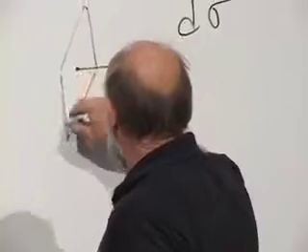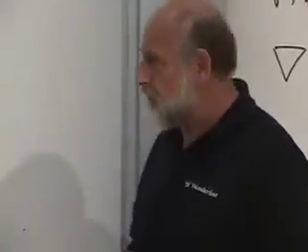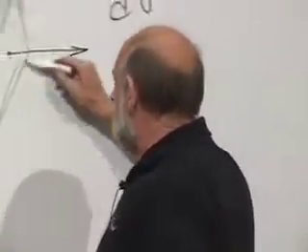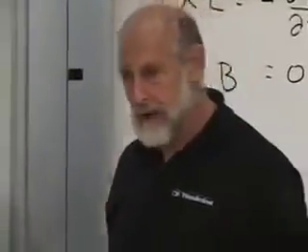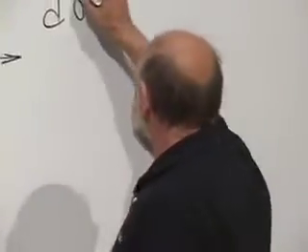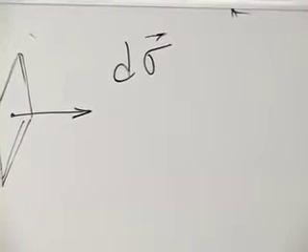But for the moment, just imagine assigning to every little element of area a vector whose magnitude is the little area and whose direction is perpendicular to the area. That's called the surface element vector, d sigma. I could put a little vector symbol above it, but we don't need it, just d sigma.